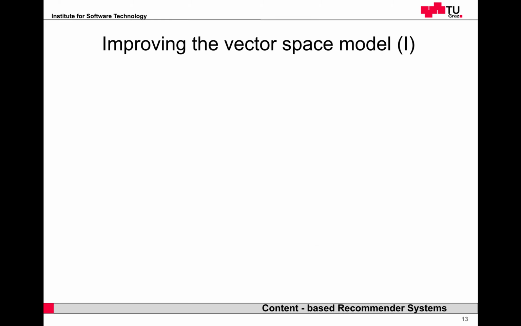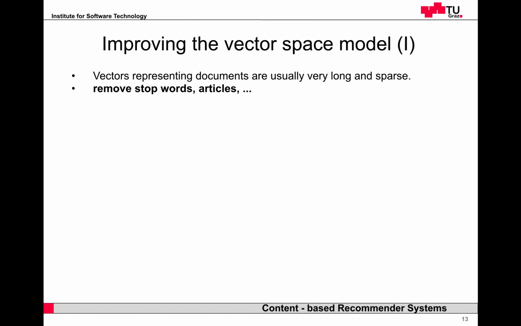Next, we will discuss some solutions to improve the vector space model. So the vector space model usually has some disadvantages. Vectors representing documents are usually very long and sparse.